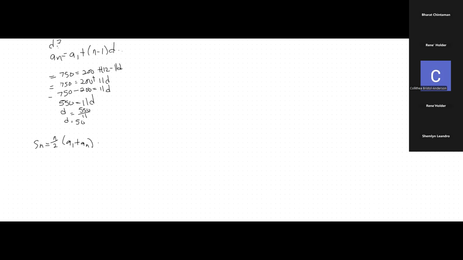So let's identify our values. N is 12, A1 is 200, and A12, which is our last term, is 750. Let's put it into our working. Sn will be S12 equals 12 divided by 2, open bracket, 200 plus 750, close bracket. Now let's simplify.